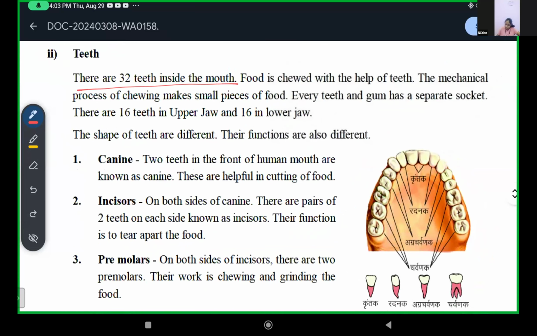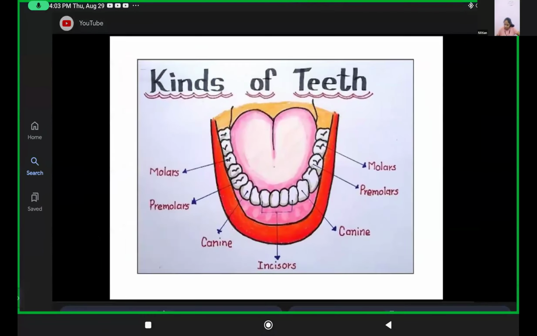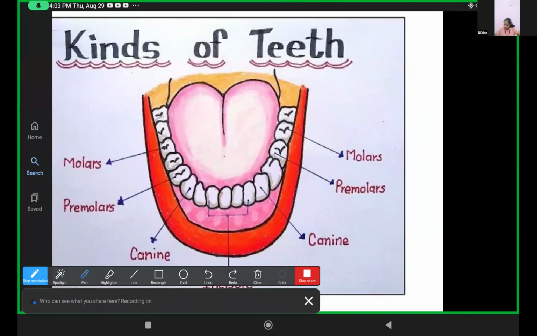Now I'm going to show you one image in which you can clearly see the back teeth. The wide ones are known as molars, the back ones. Then just in front of them, which are less broad, are known as premolars. All right.